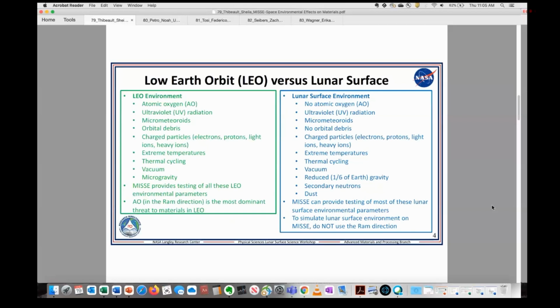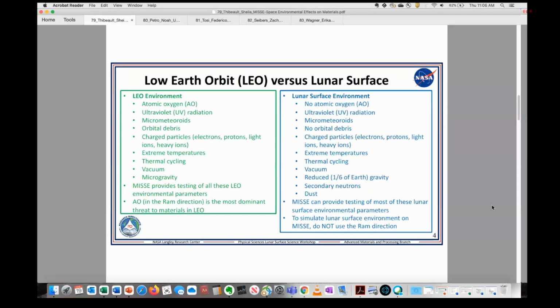There are charged particles, charged particle radiation, electrons, protons, light ions, heavy ions in both. There are extreme temperatures, thermal cycling, and vacuum in both. Now, the temperature extremes are more extreme on the lunar surface.